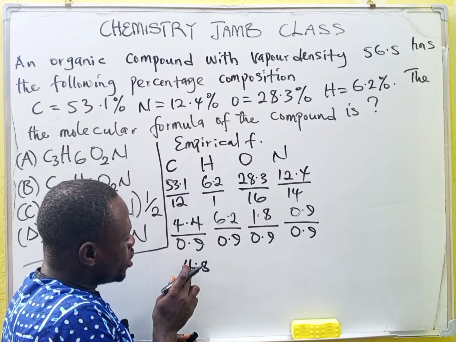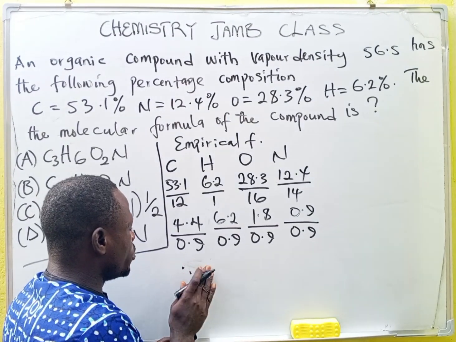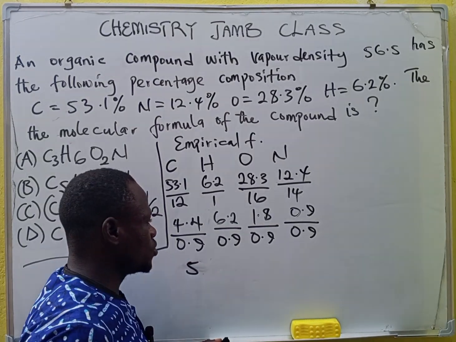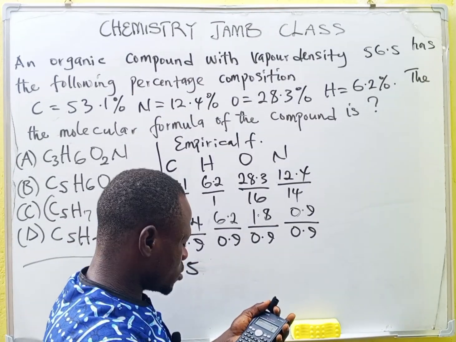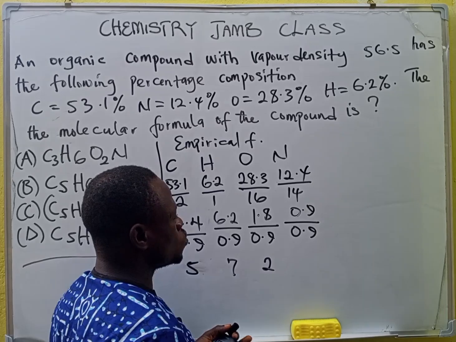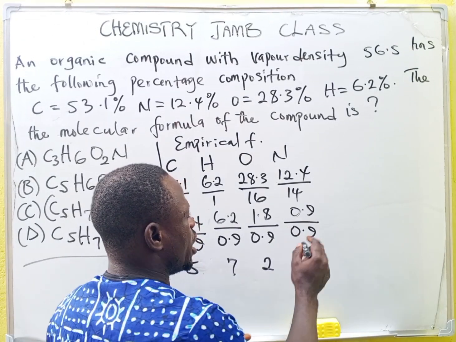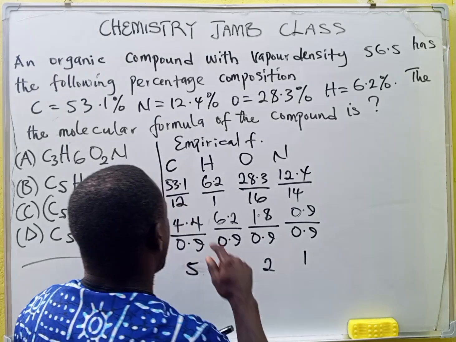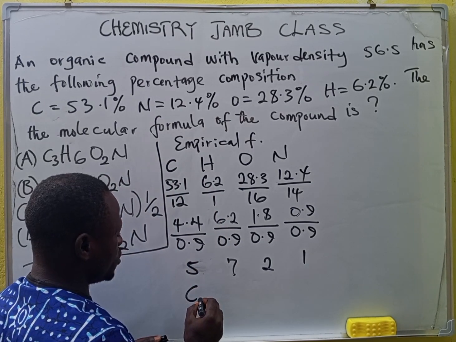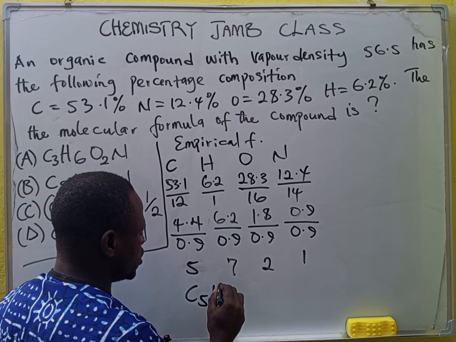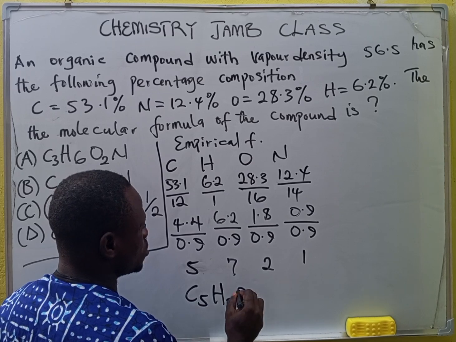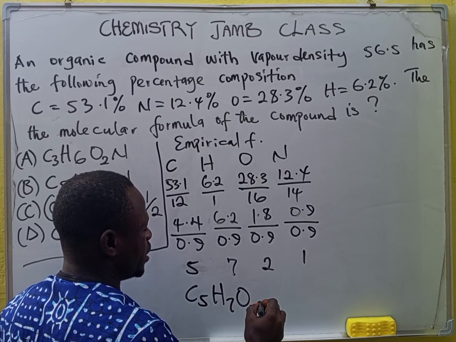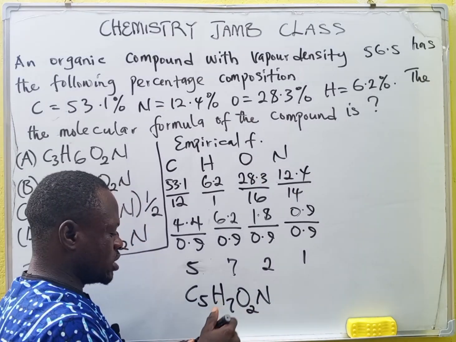Since it is 4.8, we are going to approximate it to 5. Do you get that? The hydrogen gives 7, the oxygen gives 2, and the nitrogen divided by itself gives 1. Therefore, our carbon is 5, hydrogen is 7, oxygen is 2, and nitrogen is 1.